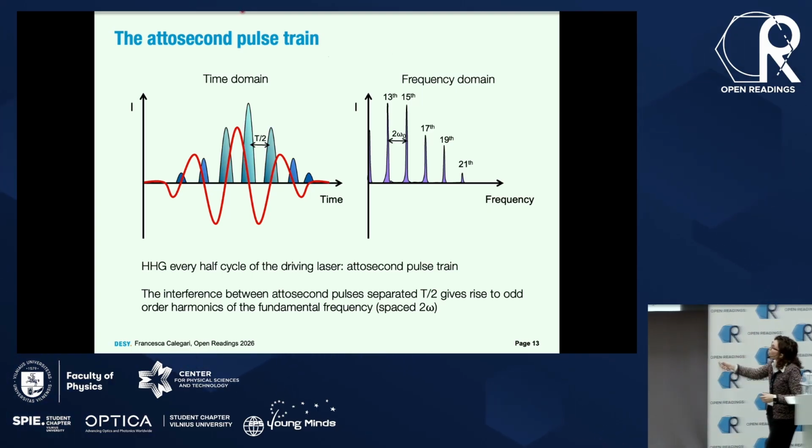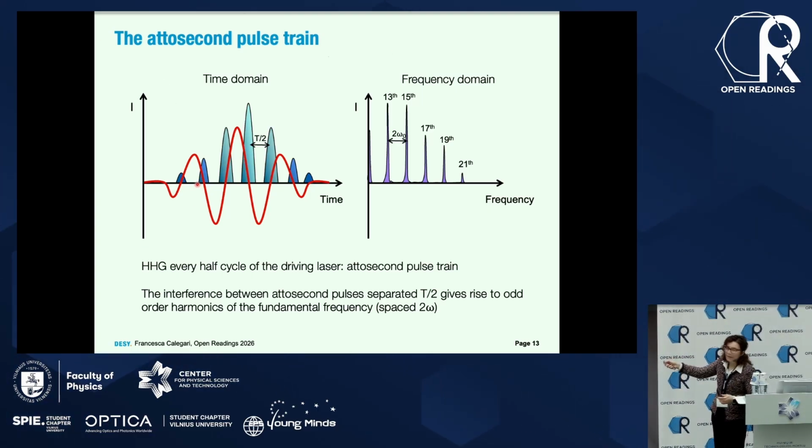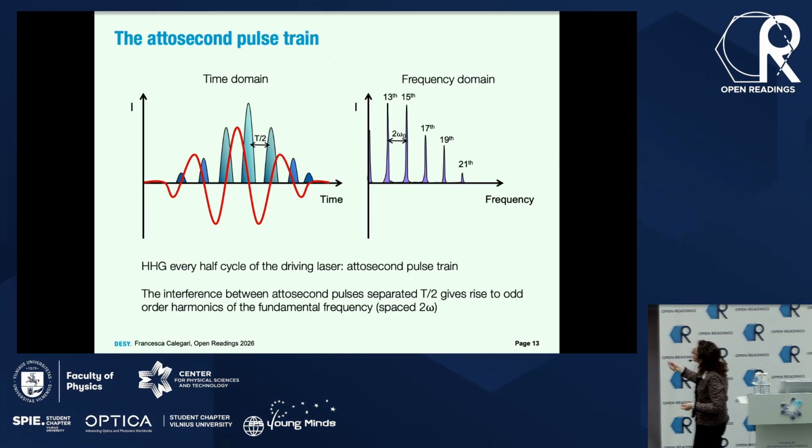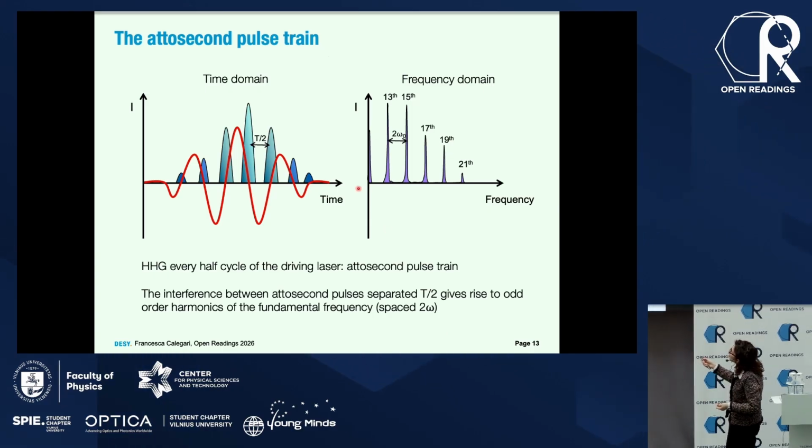Now, if you have a comb of pulses in the time domain, mathematically this corresponds to a comb of frequencies in the frequency domain. A comb is always a comb according to Fourier transformation. And so you get these odd order harmonics of the fundamental that are separated by twice the driving laser frequency.